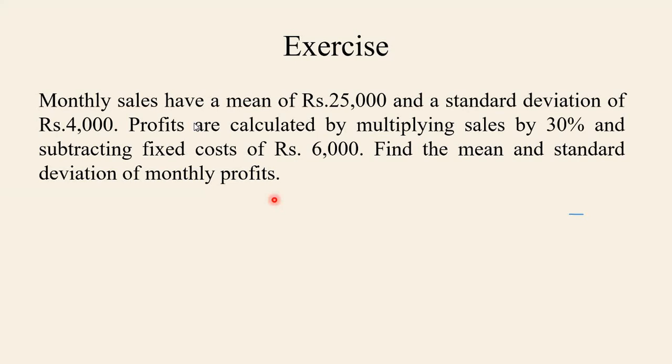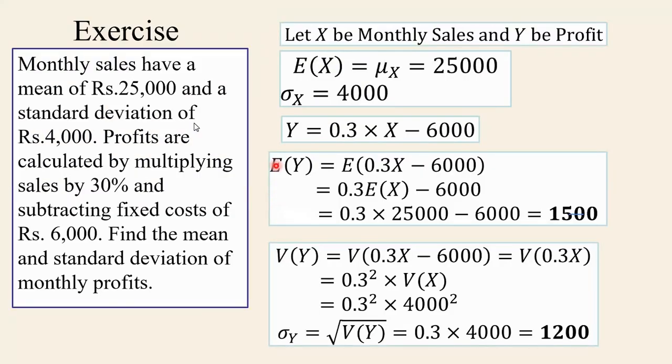Right? So now look, we take X as the monthly sales and Y as the profit. Then the expected value of X, that is mu of X, is 25,000 and the standard deviation is 4,000.